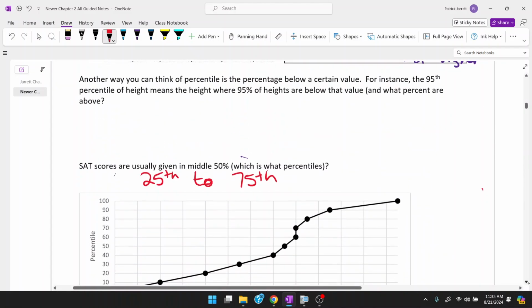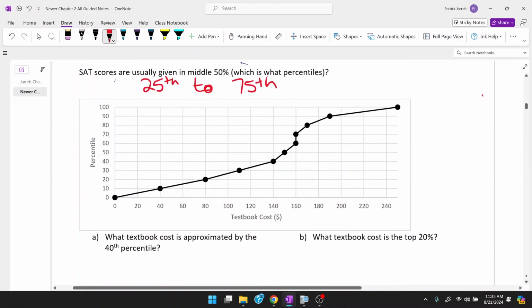All right, so here's the question now. What textbook cost is approximated by the 40th percentile? What do you think? $140 is what I would probably go with. Now, what textbook cost is the top 20%?